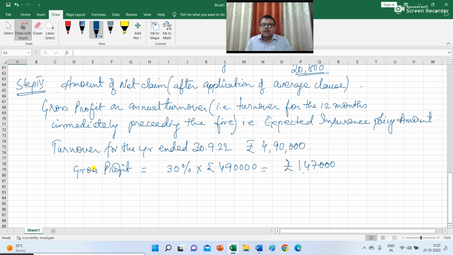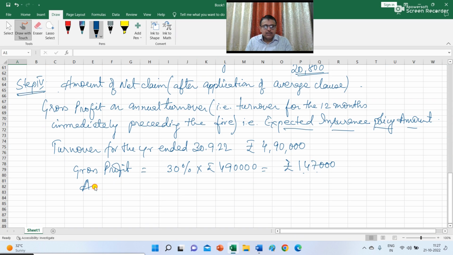So this is the amount of gross profit on the turnover for the year ended 30th September 2022, that is the turnover for the period preceding the date of fire. And we have computed 1,47,000, and this is the amount of expected insurance policy amount.